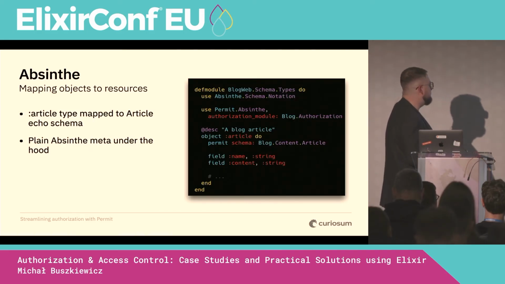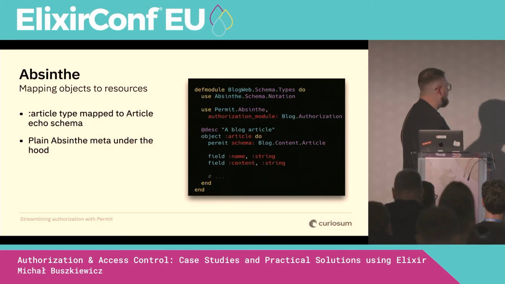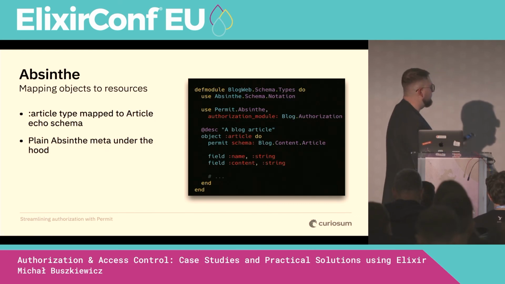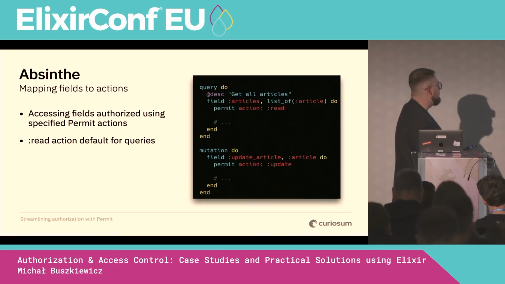So we decided to, first of all, map a specific type of an object to an Ecto schema. This is plain Absinthe meta under the hood. And the plugging in of this is similar to what we've seen in controllers.